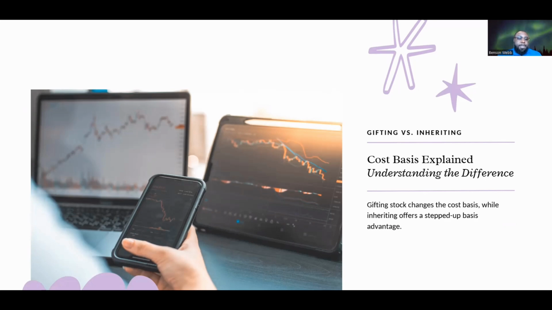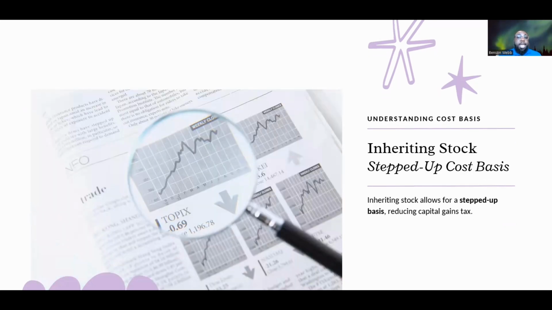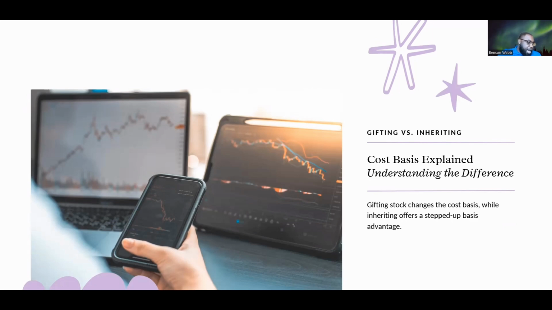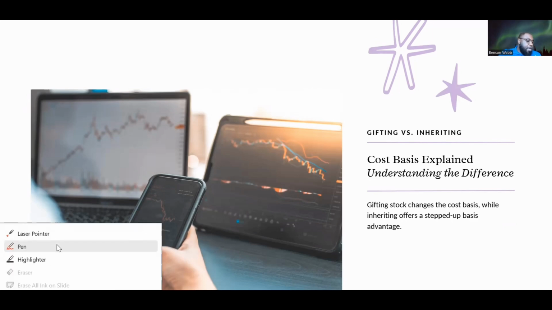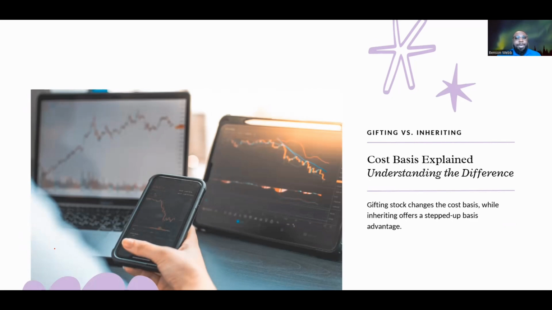Let's say you give a gift of a stock to a family member who's graduating or retiring, whatever the case may be. You give them a stock that's worth $100, and let's say you bought that stock 5 years ago, when it was worth $30. Remember, $30 is your cost basis.